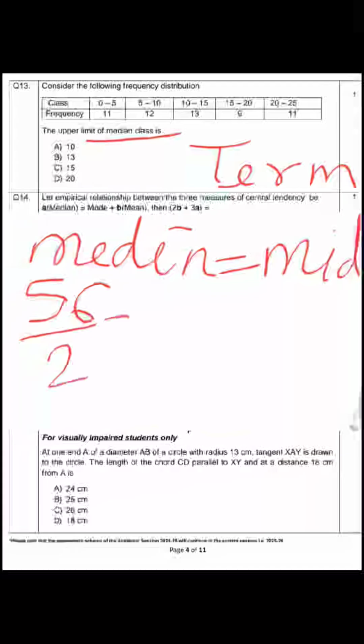So 20 plus 25, how much? 45. 45 plus 11, 56. Now 56 you divide by 2. What you will get? 23.